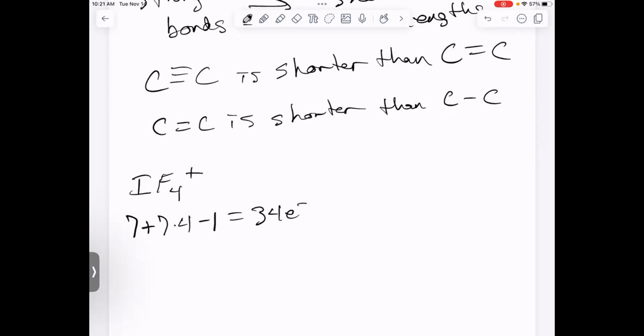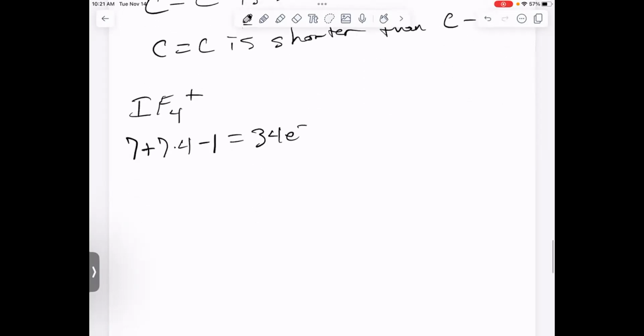So going through my steps, iodine's listed first, so that should be our central atom, with 4 fluorines. I can fill all of my outer octets, so 6 electrons on each of them.